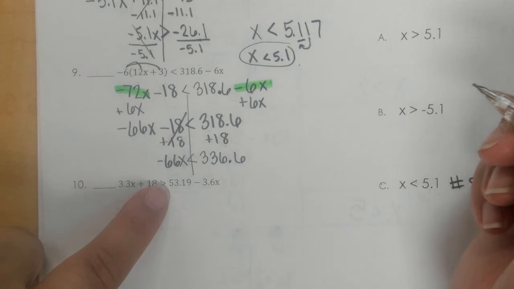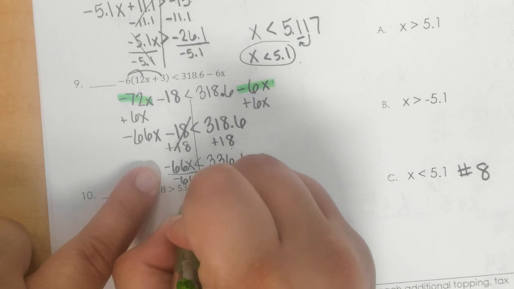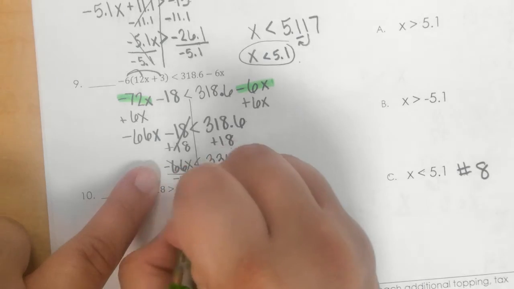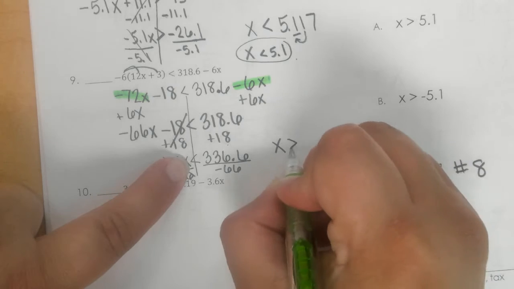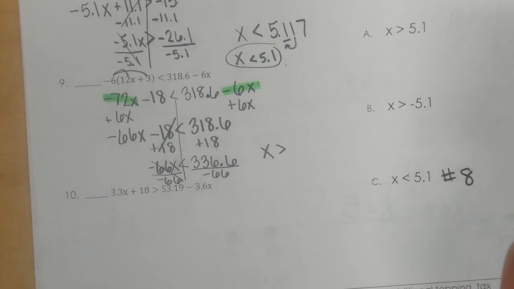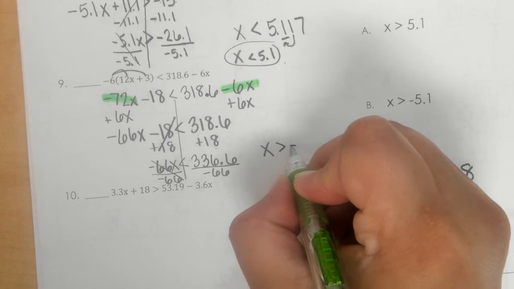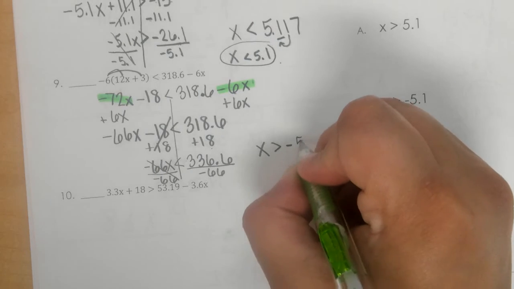So I'm going to divide both sides by negative 66. So first, I know that I can flip that to be greater than, okay, because I divided by a negative. And if I divide a positive divided by a negative, it has to be a negative. So then I actually divide it, and I get 5.1.